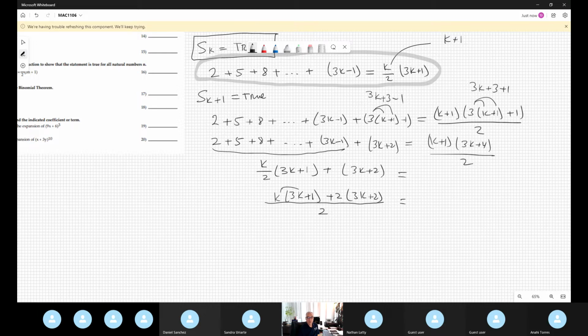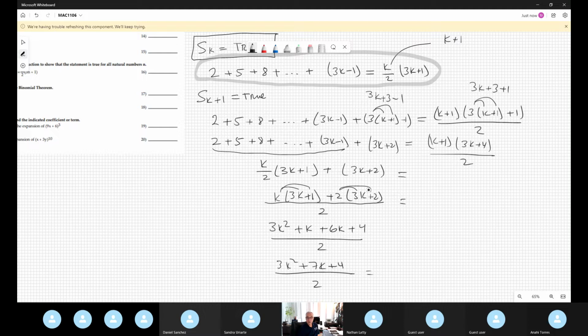You apply distributive, maybe. 3k squared plus k plus 6k, this and this, plus 4, divided by 2. Then you combine like terms, 3k squared plus 7k plus 4 over 2. Okay, I will stop here.